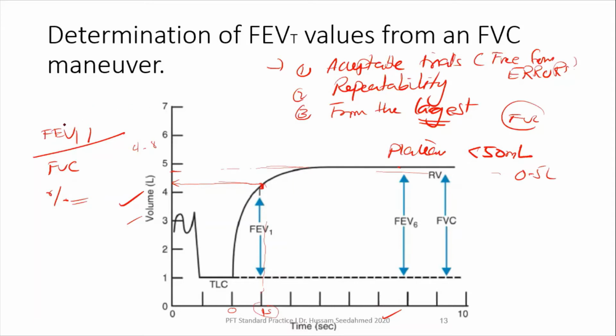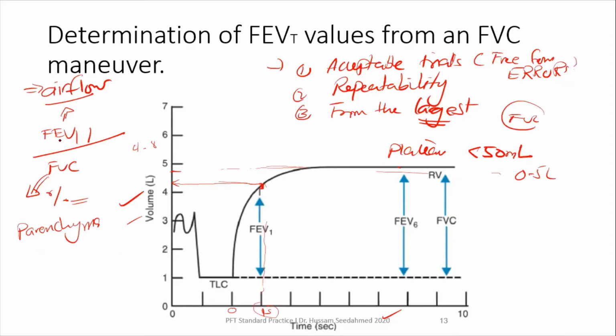Now, as I told you, FEV1 is commonly used as an index of airflow, whereas FVC is an index of the lung parenchyma. That is why patients with obstructive lung disease, COPD, or asthma have trouble in the airflow.